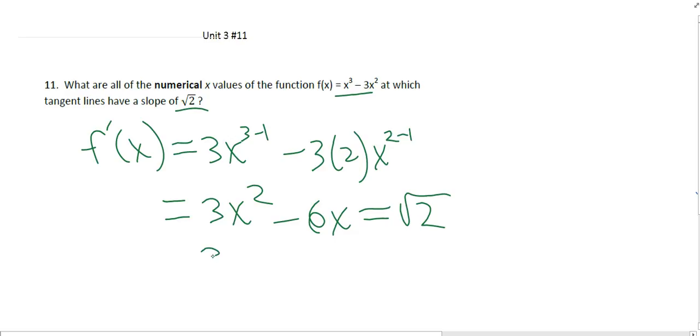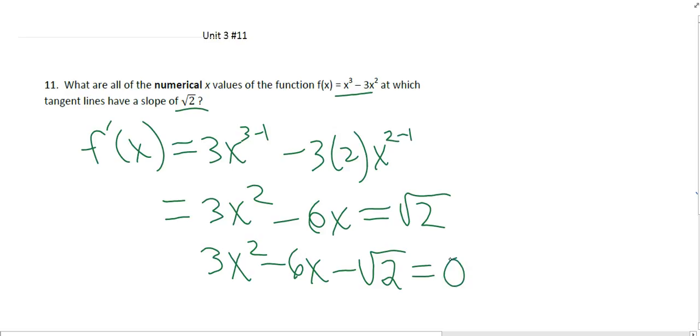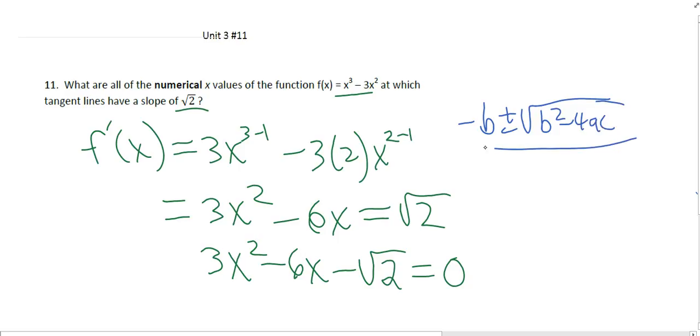So hopefully you've done this before, in pre-cal or algebra 2, where you set this equal to 0, and if you're going to solve for x, you're pretty limited. One approach would be to use the quadratic formula, the opposite of b, plus or minus the square root of b squared minus 4 times a times c, all over 2 times a.